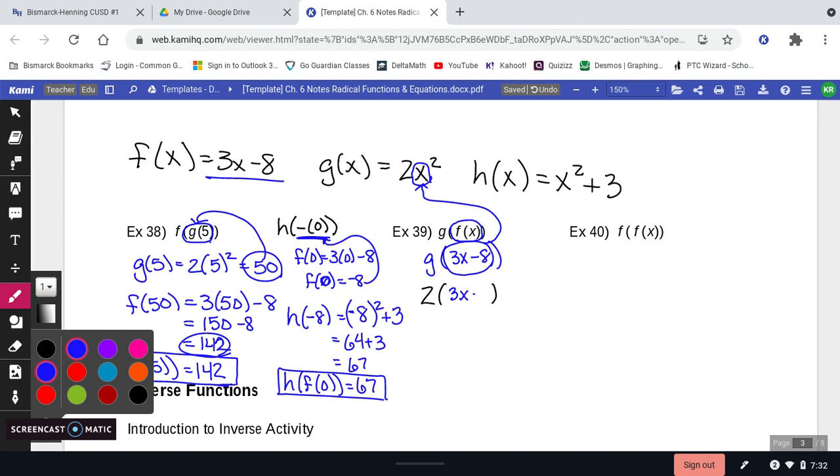So that's going to be 2 times 3x minus 8, and that's going to get squared. Okay. Another way you can think of this is if you don't want to write this statement right here. Sometimes kids want to say that that statement confuses them.